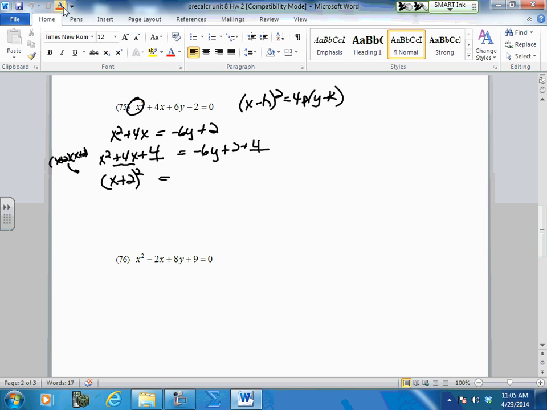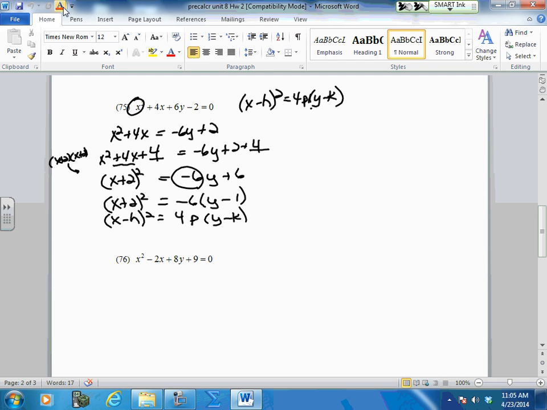Now, collect your like terms. You notice that y has to be positive, so whatever is in front of this, factor out. Now, if it helps you, put your formula underneath it. I actually think the formula helps for the p, because then you forget to do the p.